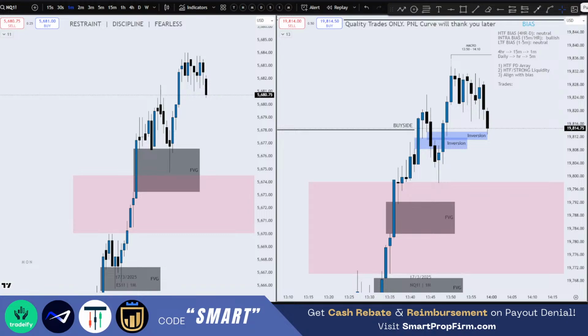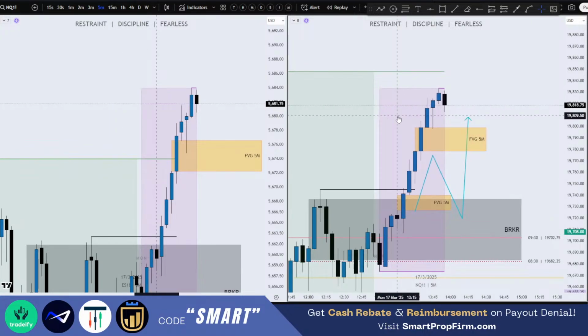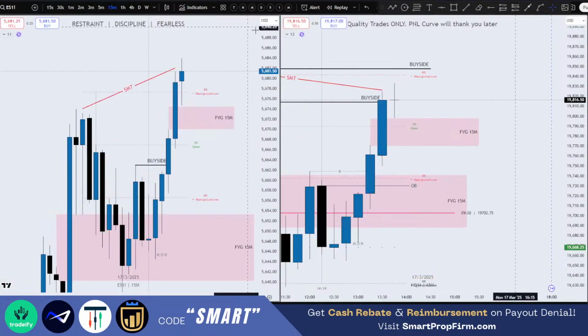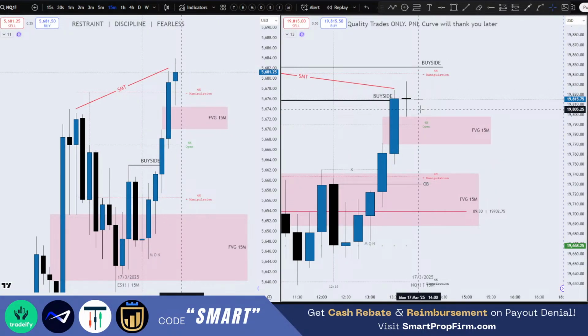Let's see what we get here. Five seconds, 15-minute candle. Get a consolidation candle here.